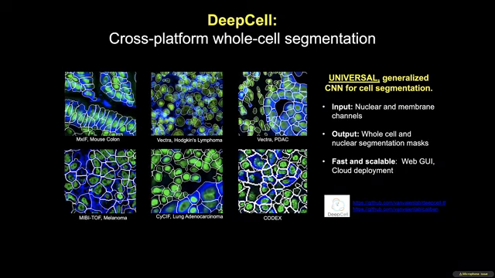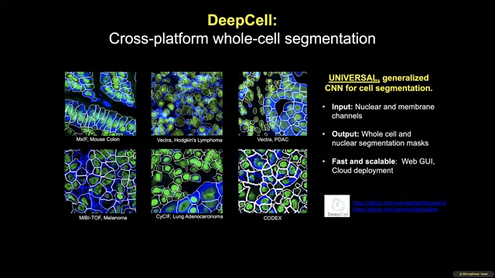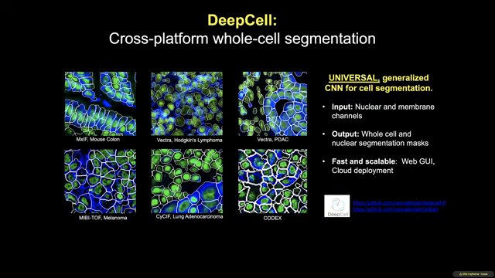The only thing that's required is that you can input into the network a nuclear channel as well as some sort of whole cell marker, whether it's a membrane channel or a high contrast cytoplasmic channel, which can work as well.